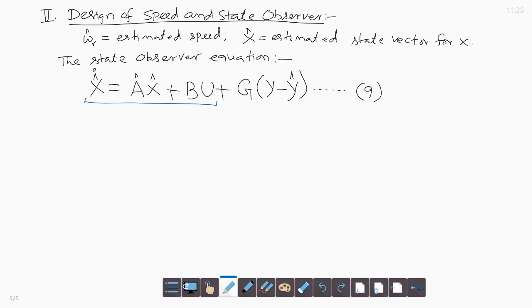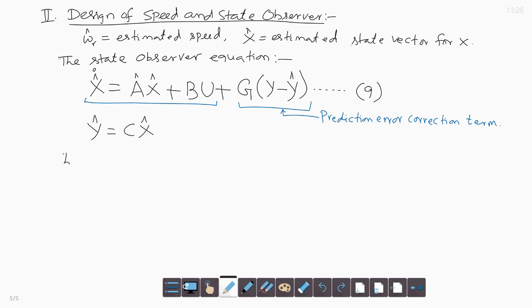Now the last term in equation 9 is the prediction error correction term. So what is y hat here? y hat is based on the estimated state x hat. So y hat is c into x hat.